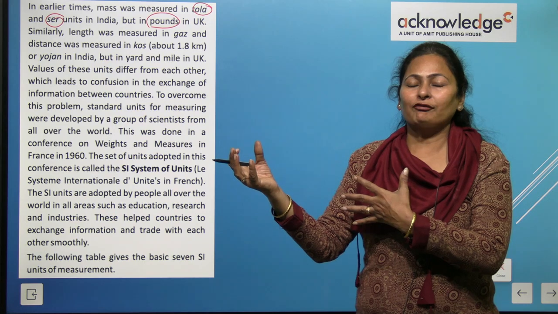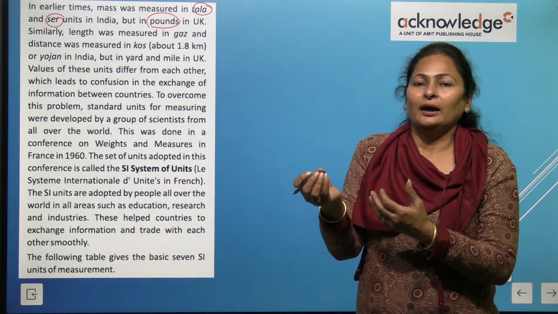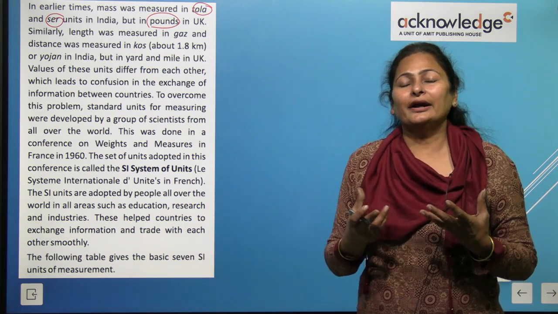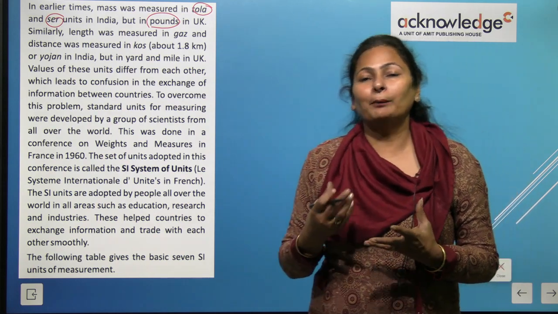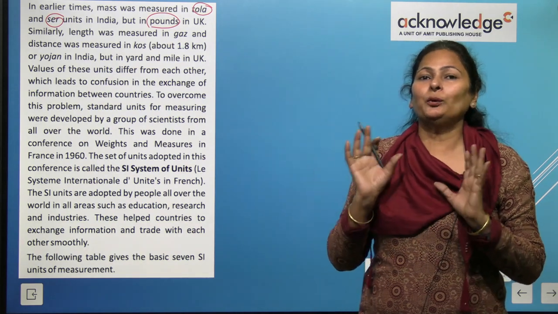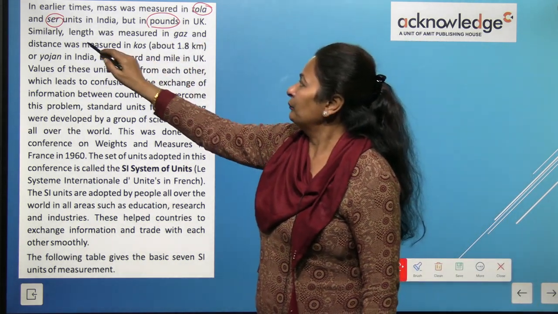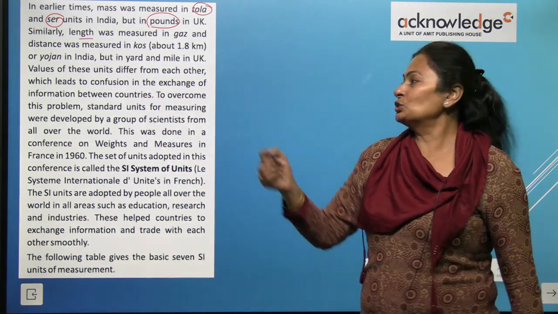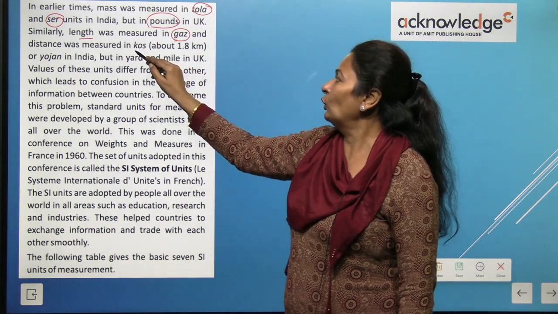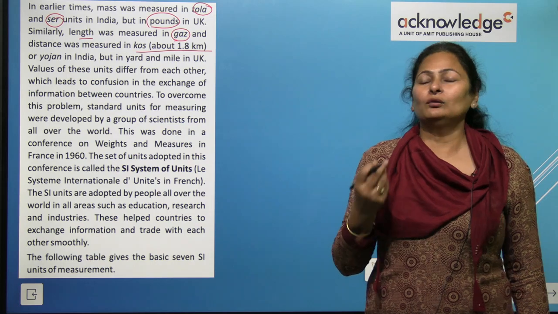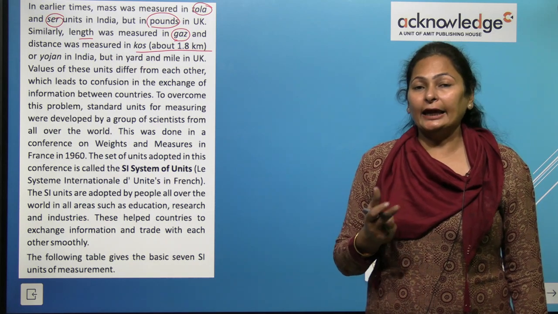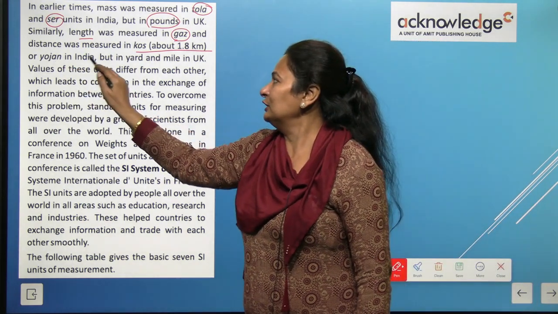If you go to the UK and ask them to give you 1 tola of this, 1 ser of this, they won't understand. They will understand pounds only, right? I am telling you the story of earlier times. Now we have standard units. Like for length, Indians used to measure distance in gaj and kos. One kos was near about 1.8 kilometers, or yojan in India.